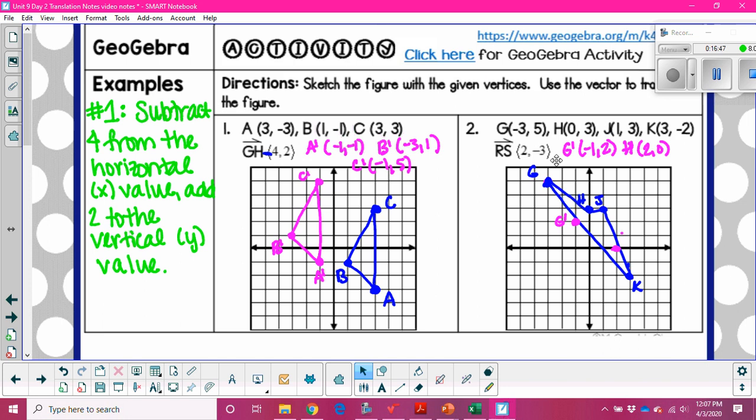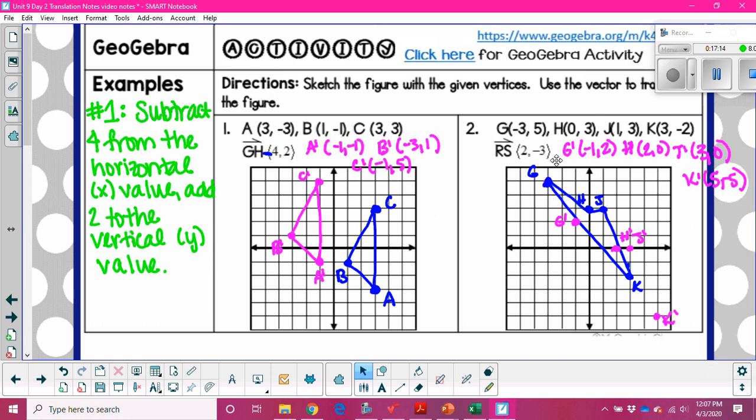And then J prime is going to be at (3, 0), which is 1, 2, 3 right there beside H prime. And then K prime is going to be at (5, -5). So 3, 4, 5, 1, 2, 3, 4 right here.